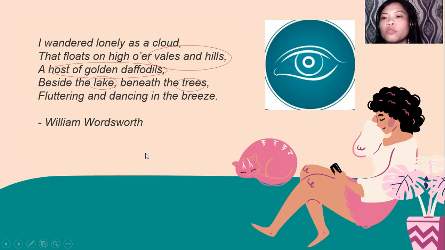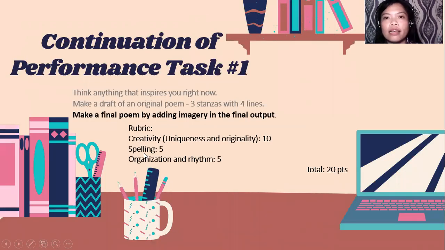So let's continue with performance task number one. As I said in the last video lesson, this is the continuation. I hope you've already had a draft of an original poem. Of course, that must come from you because we are in creative writing.